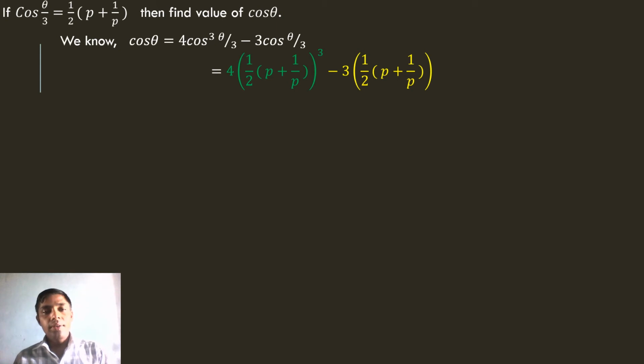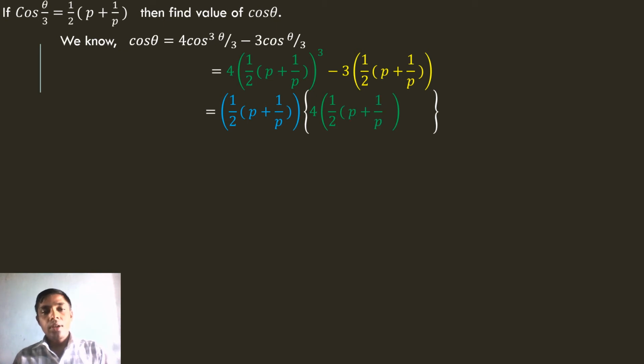Now again we can see it is in the form of a plus b whole cube, so we have to open this. Before this we can take common 1 by 2 times p plus 1 by p.